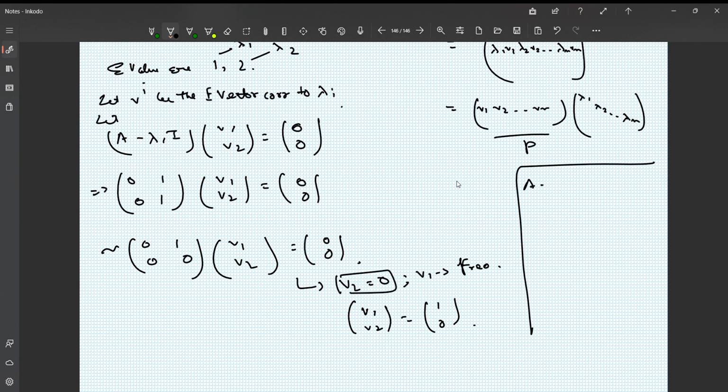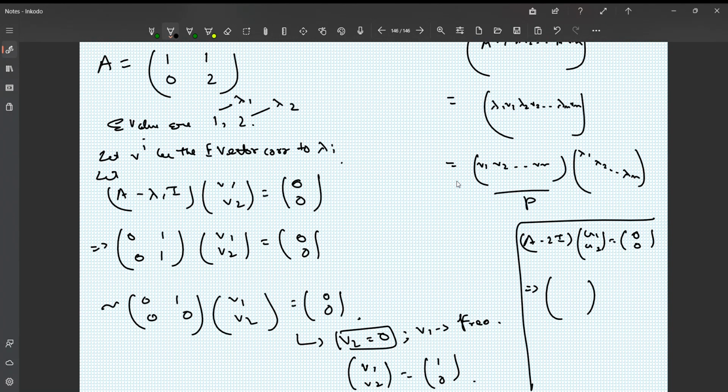So suppose A minus 2I, that is lambda 2, times U1 U2 is 0 0. So the matrix was [[1, 1], [0, 2]], so this is minus 1, this is 1, this is 0, and this was 0 itself, right? Clear? So times U1 U2 is 0 0.